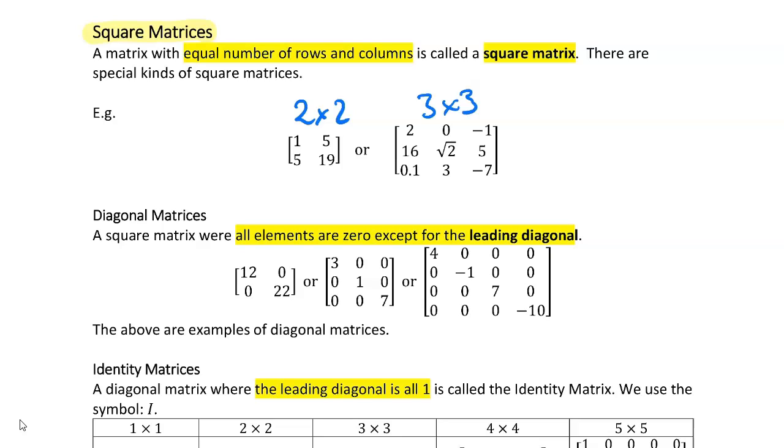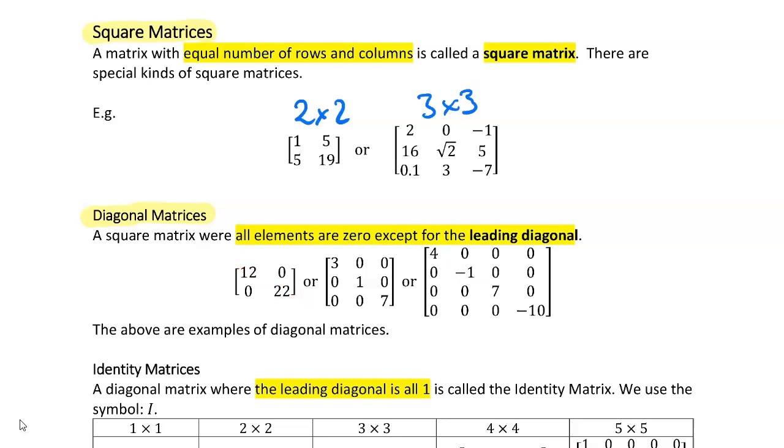Now a diagonal matrix is a special kind of square matrix where all elements are 0 except for the leading diagonal. So what's the leading diagonal? It's easiest to see here. It is the diagonal of the matrix that goes from the top left-hand corner down to the bottom right-hand corner. That's the leading diagonal. That's the important diagonal.